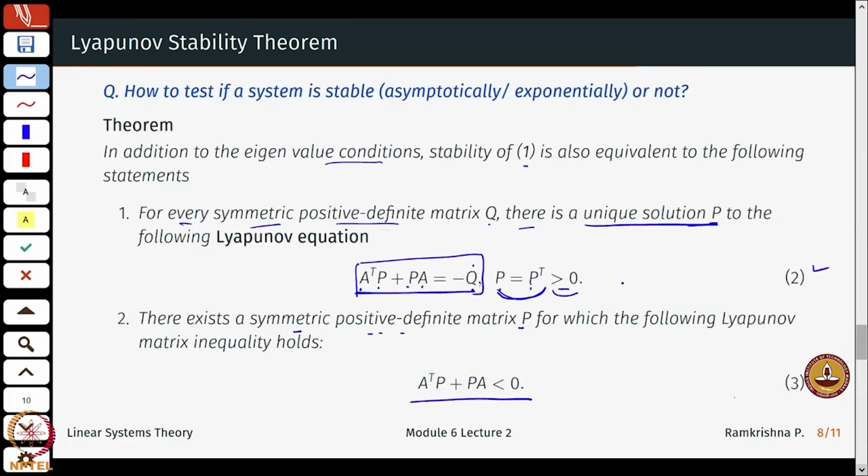Okay. Now, what should I prove last? That stability, or asymptotic or exponential stability, is also equivalent to this statement: that there again exists a P for which the following matrix inequality holds, that A transpose P plus P A is strictly less than 0.